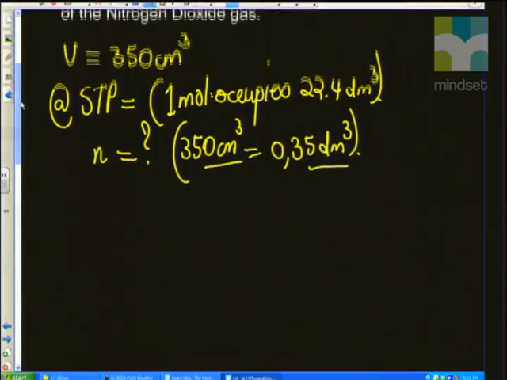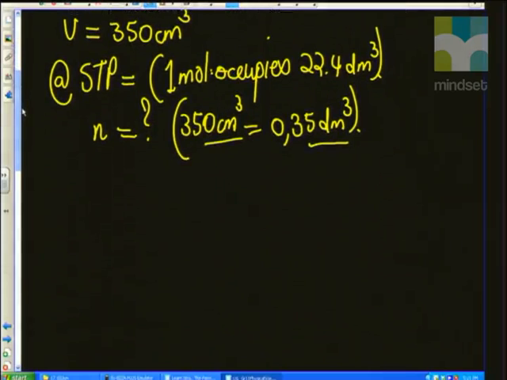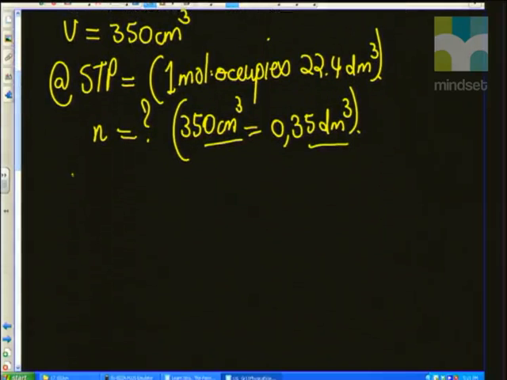Now, how does this help us? We are to find the mass of nitrogen dioxide in that container. But how do we get there? We need to start by finding the number of moles in that volume.